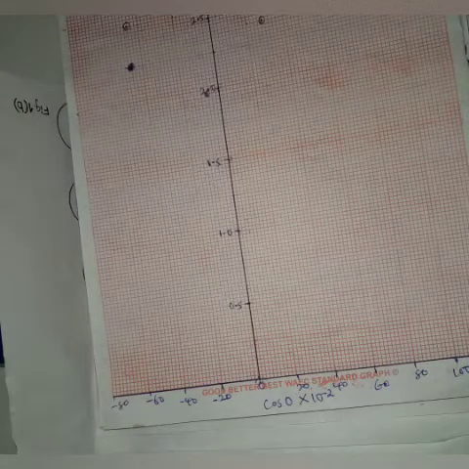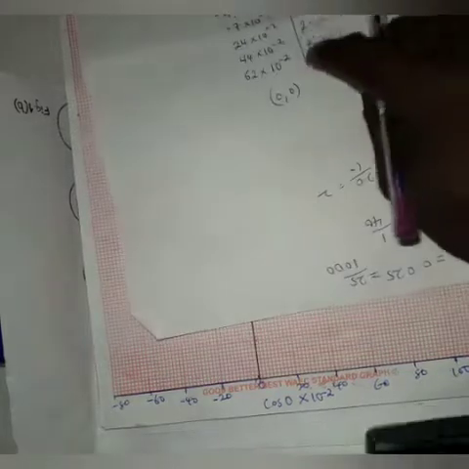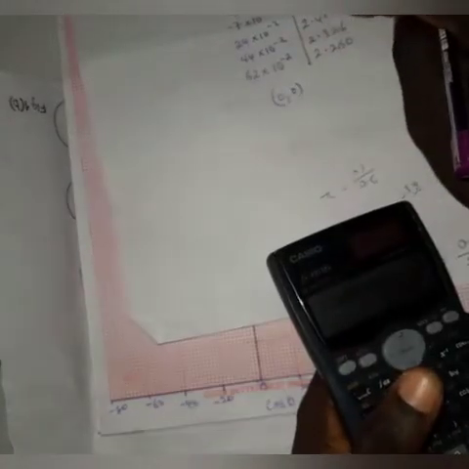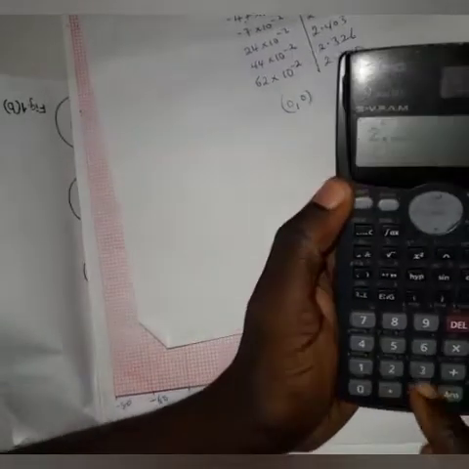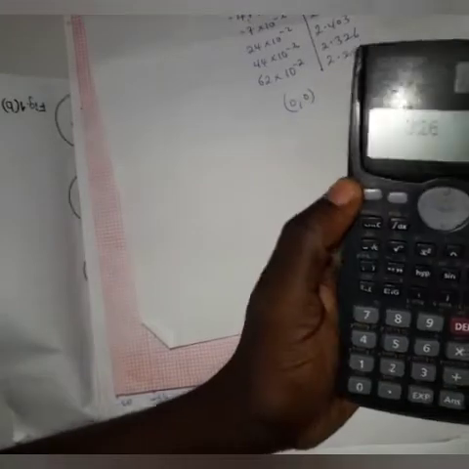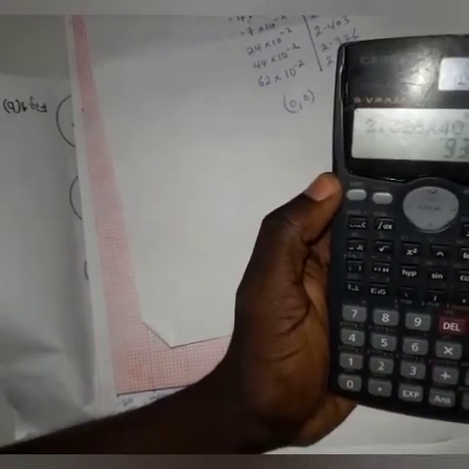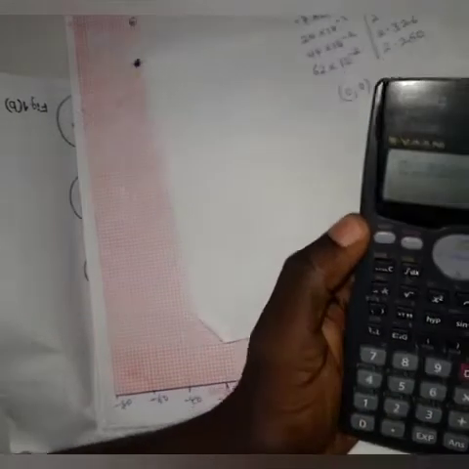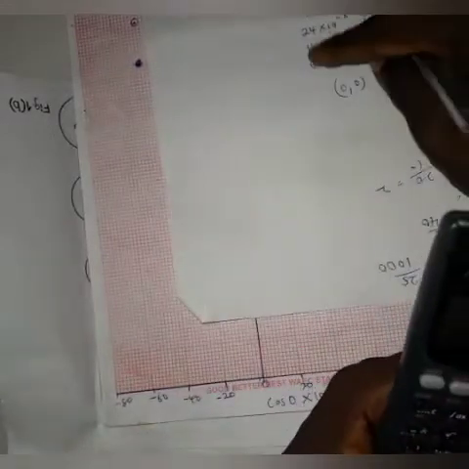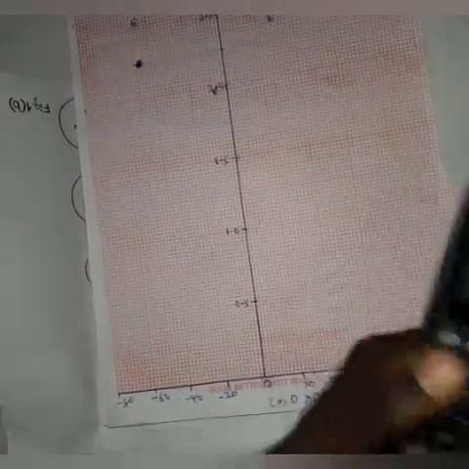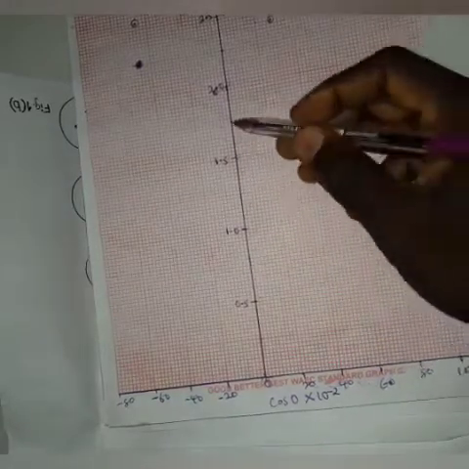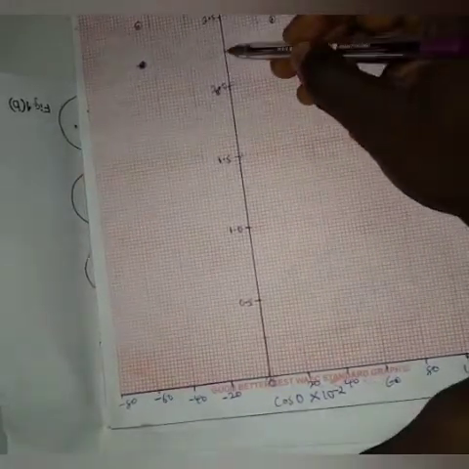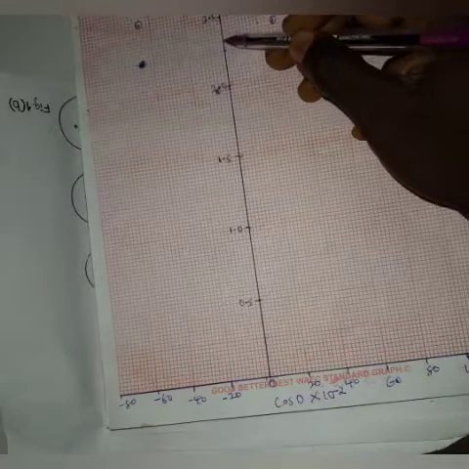Next, we go for 2.326, then 44 places. 2.326 times 40. So 93.04. Then we'll move 44 places. So let's go. This is 10, 20, 30, 40, 50, 60, 70, 80, 90, 91, 92, 93.